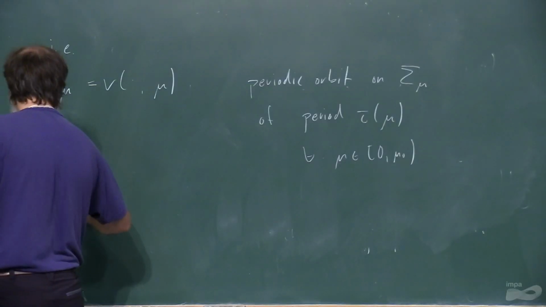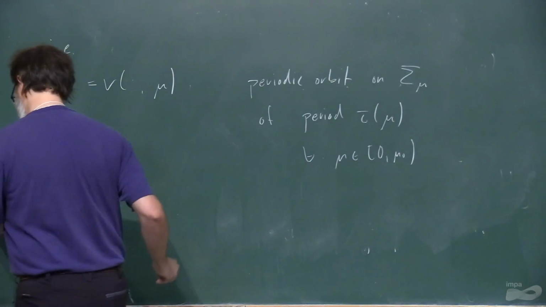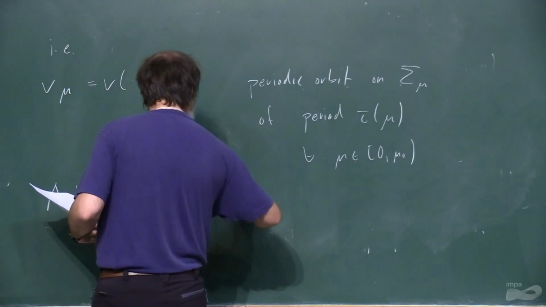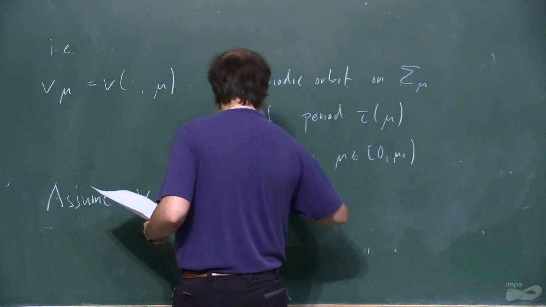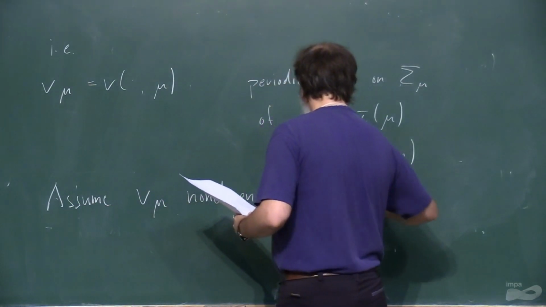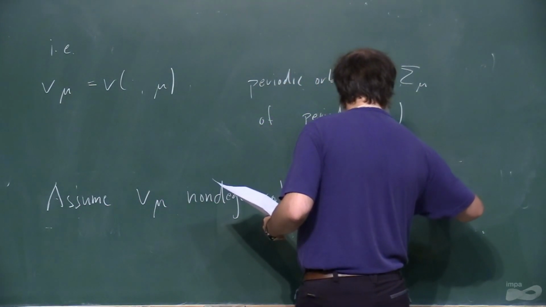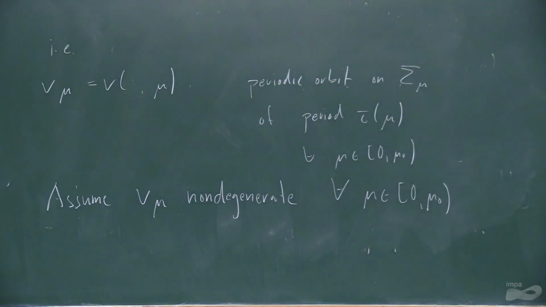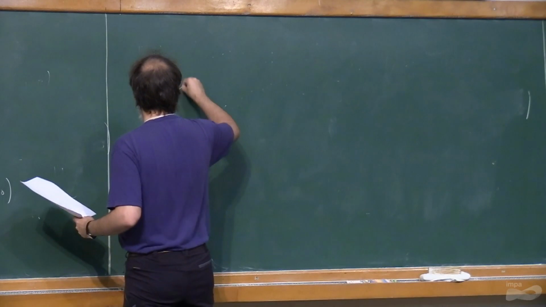So assume phi mu is non-degenerate for all mu in [0, mu 0). And then we define the omega limit set, omega v.